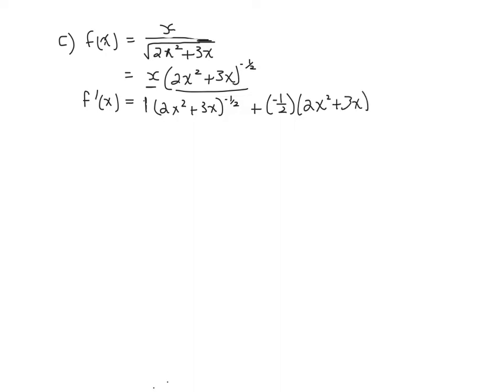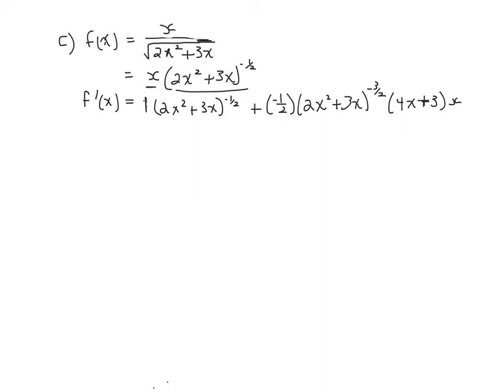So that negative 1/2 now becomes a negative 3/2, and then times the derivative of what's inside, which I believe should be 4x plus 3, and then times the first. Okay, so hopefully that's your first step, as it is my first step.